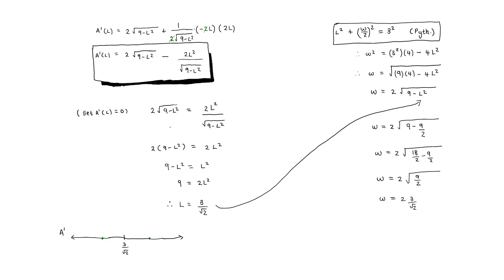Now, we also need to remember that these values we are plugging in are not only critical values, they are actual values of L. And we saw that the domain of L is only between 0 and 3, and it can't equal 0 and it can't equal 3. We saw that the value of 3 divided by root 2 is 2.1 something. So on the left of this critical point, we can choose a test value of, say, 1.7, and on the right we can choose a value such as 2.3.